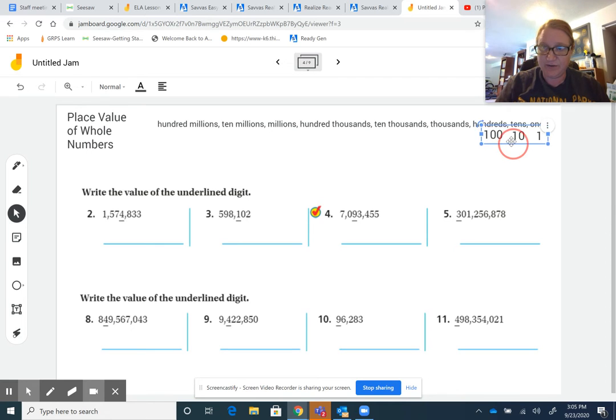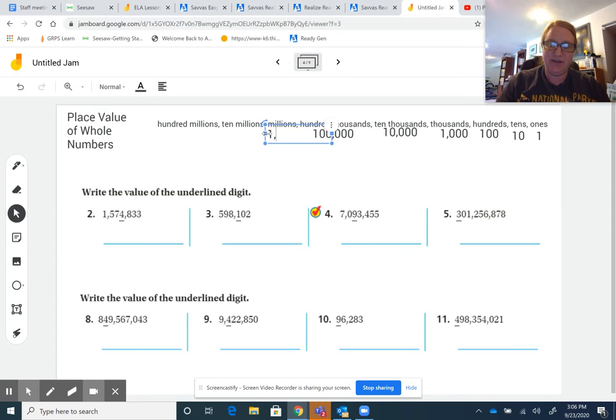We have hundreds. Then we have thousands. Then we have 10,000s. I like how the words get longer, so it leaves me more space. Then we have 100,000s. Then we have millions. This one I might have to make smaller.